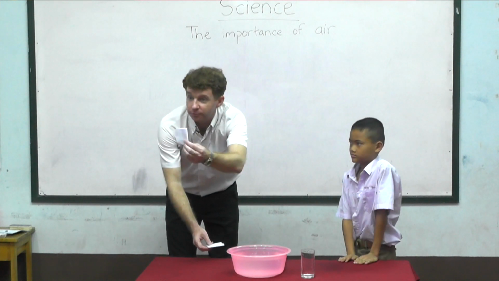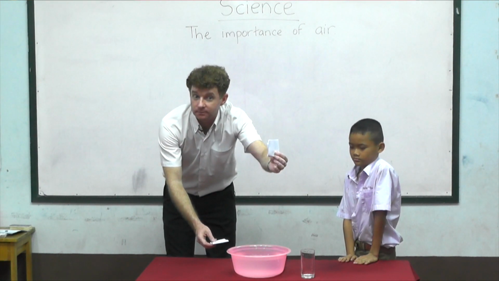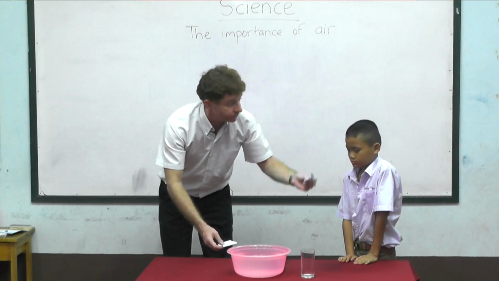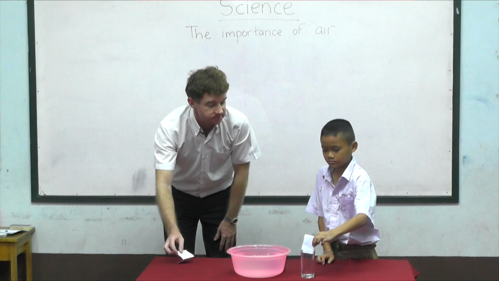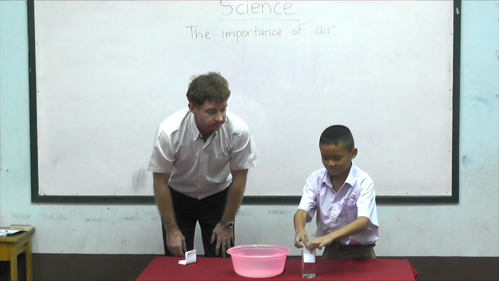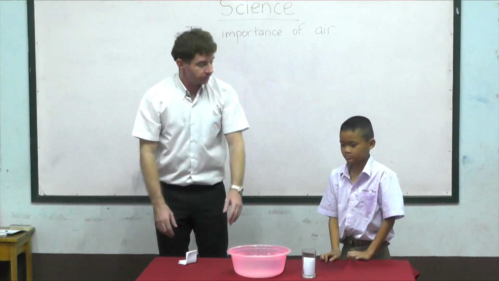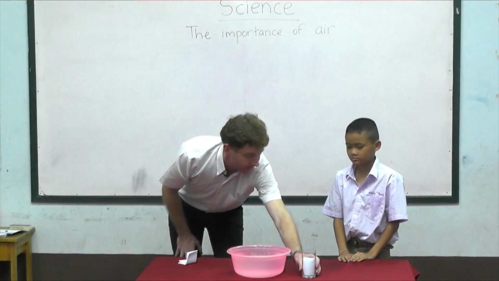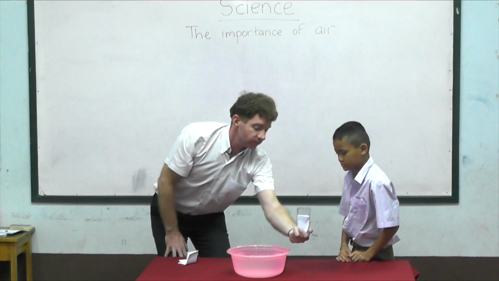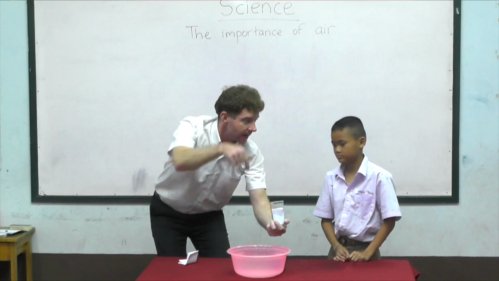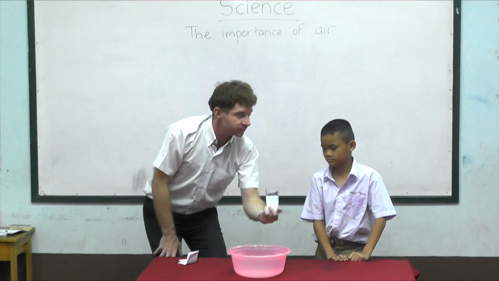Now, everybody, is Chew's paper dry or wet? Dry, okay. So now, Chew, put your paper into the glass. Excellent. And now, can you take the glass like this, hold it at the bottom, and then turn the glass and place the paper into the water.